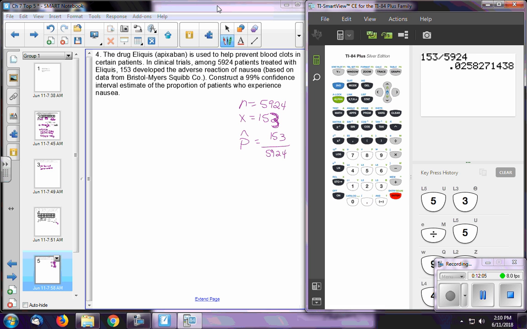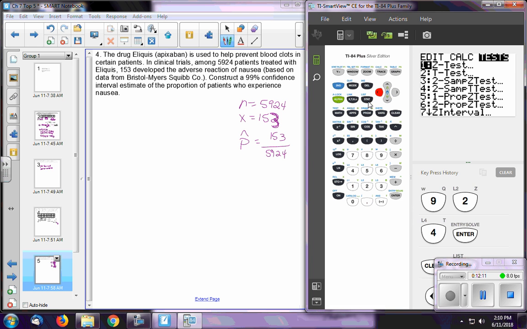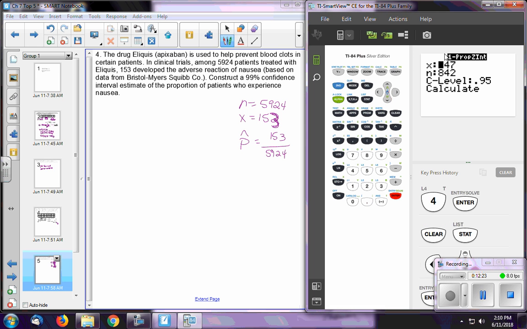Now, to find our confidence interval for this, similar to where you found the t-interval function under your tests, if you scroll down, you will find the proportion interval. And in this case, we have one proportion, so we're looking for a one proportion z interval. Going to go ahead and plug in our information.